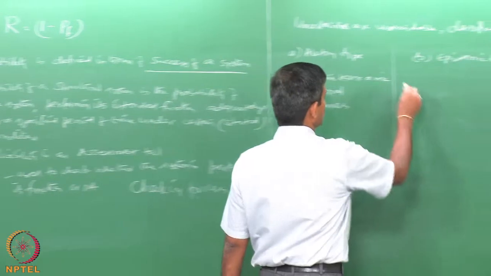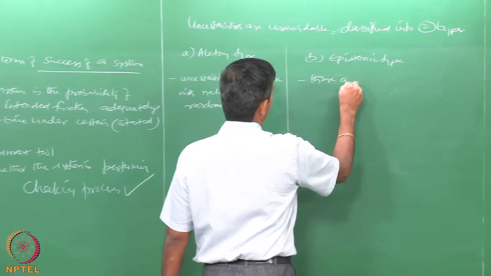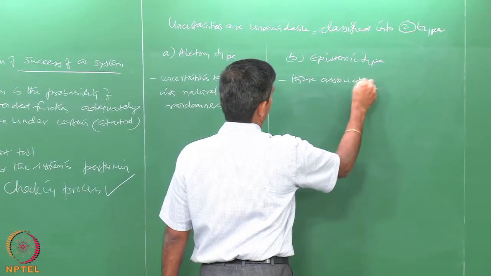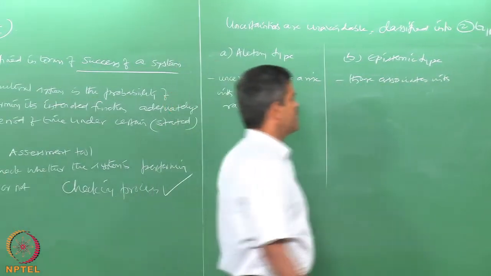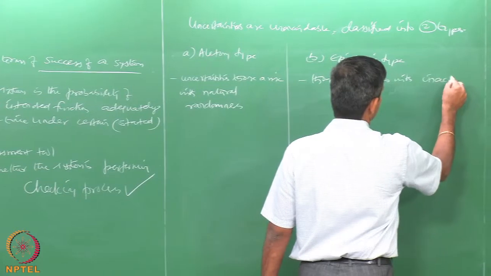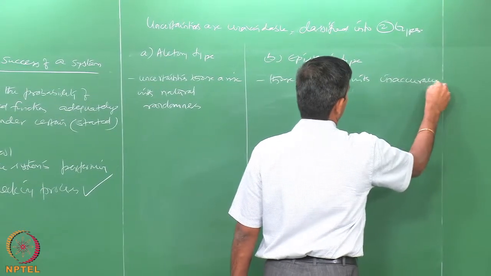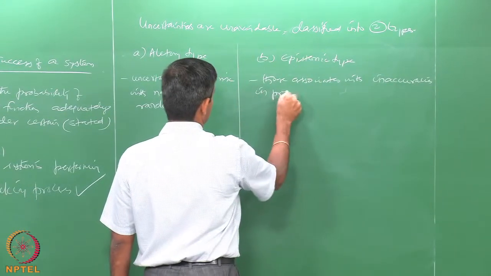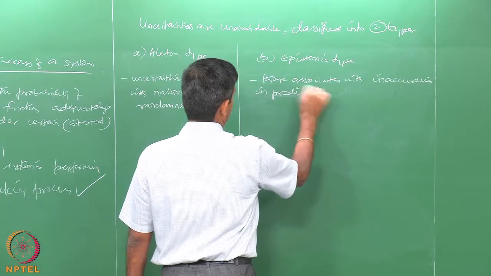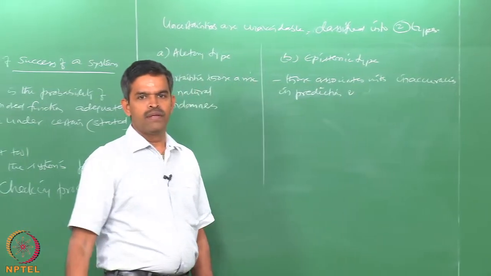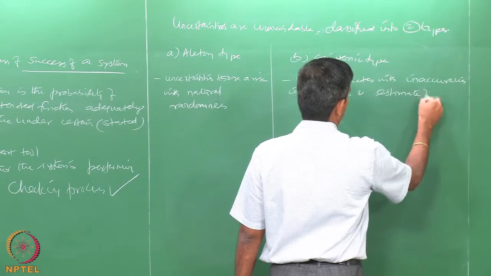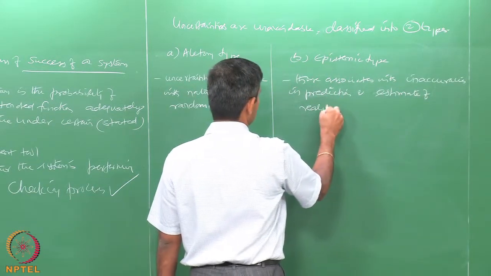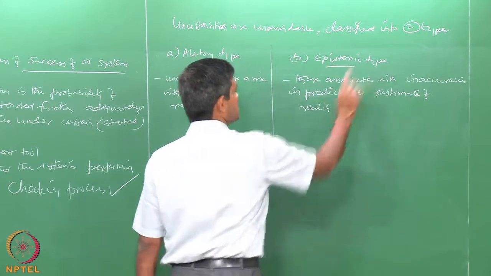Uncertainties associated with inaccuracies in prediction and estimate of reality are called epistemic type.